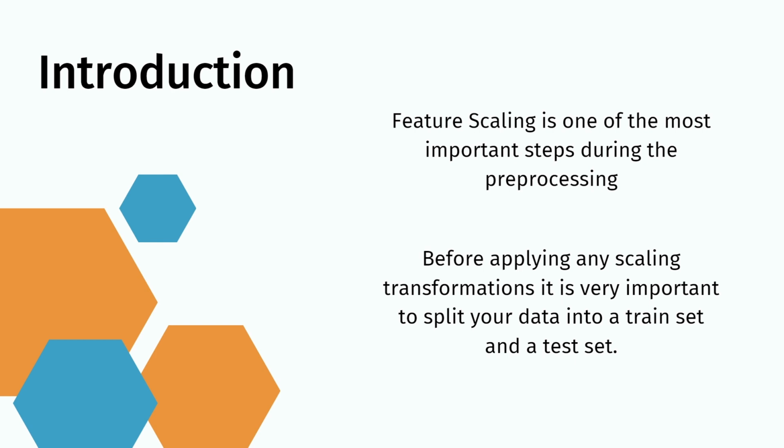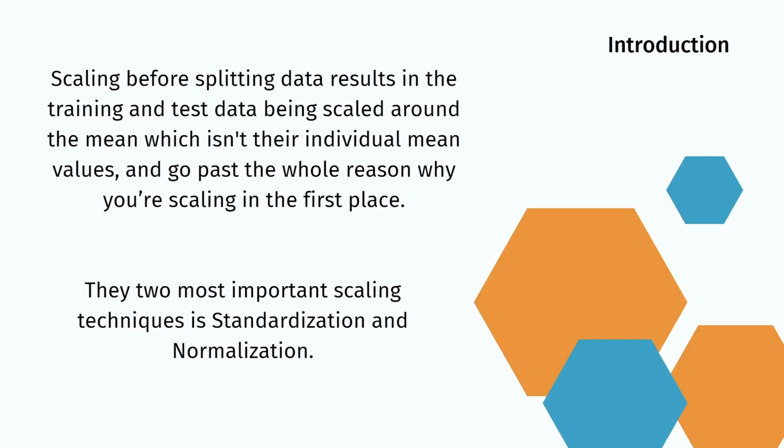This is important because if we do not, then the whole point of the scaling becomes invalid, because scaling before splitting results in the training and the test data being scaled around a mean which isn't their individual mean value, and it goes past the whole reason why we're scaling in the first place.